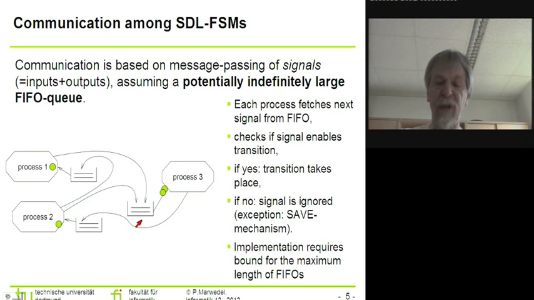So that means these FIFOs have to be made large enough so that they will never be full. Which means that whenever we try to implement such a model, we will have to think about the safe upper bound on the length of the FIFO, and deriving such a safe upper bound is actually not trivial and is one of the key steps which is required when we try to implement an SDL model.